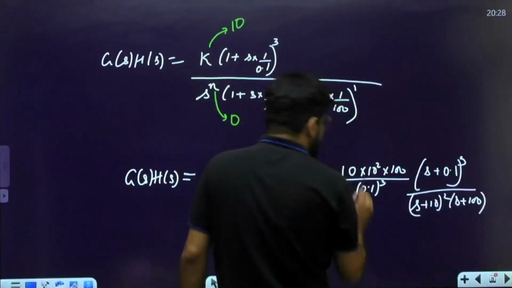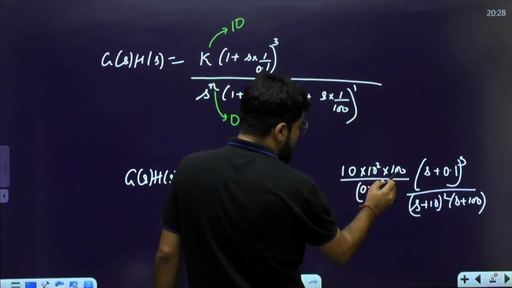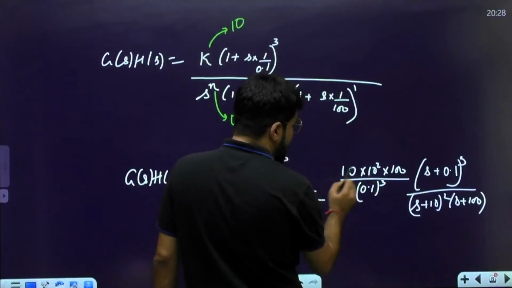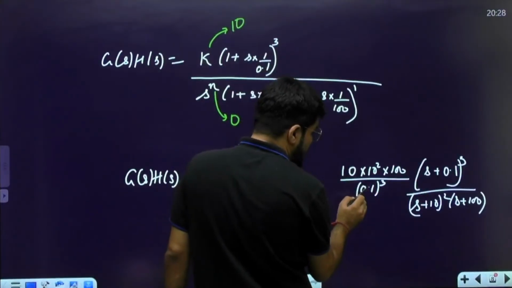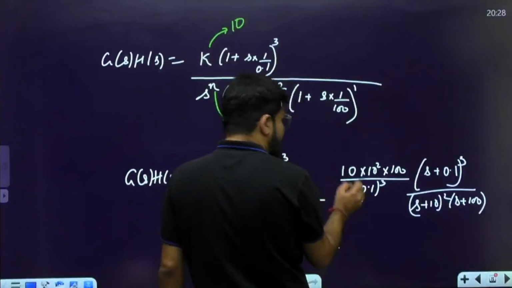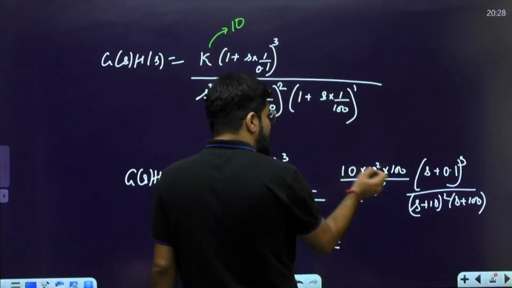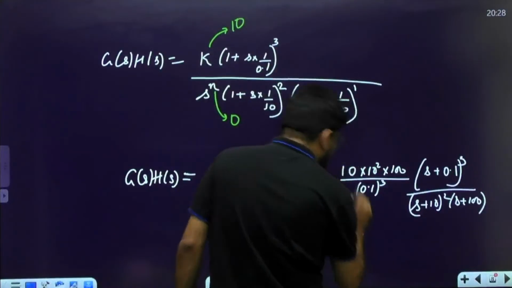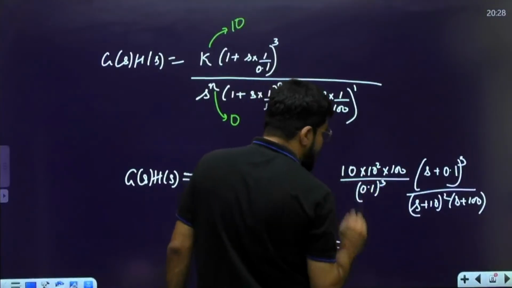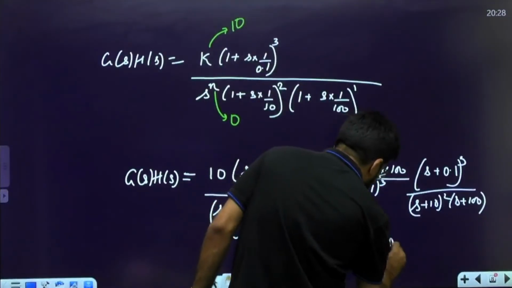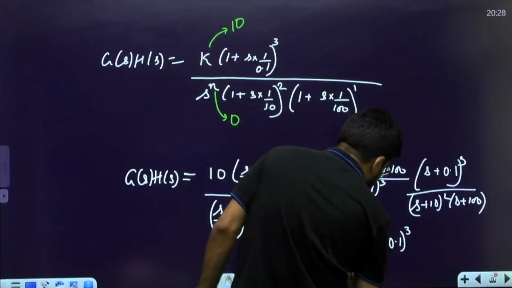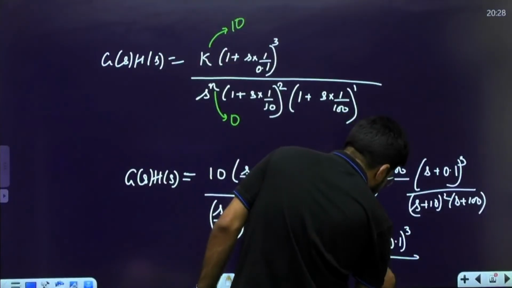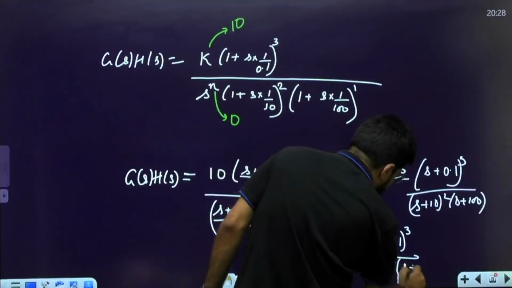Everything solved. See, this is 10 into, this is also 10 square. So 10 square, 10 square, 10, total 10 power 5. 0.1 cube, if you shift 1 upon 0.1, that also becomes 10, so another 10 power 3. So total 10 power 8. Total 10 power 8, s plus 0.1 whole cube divided by s plus 10 whole square into s plus 100.